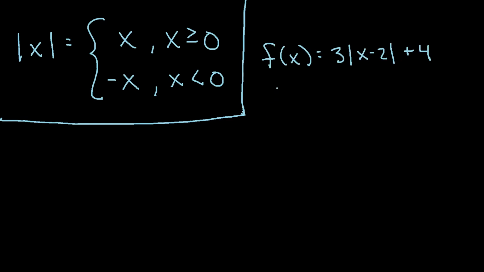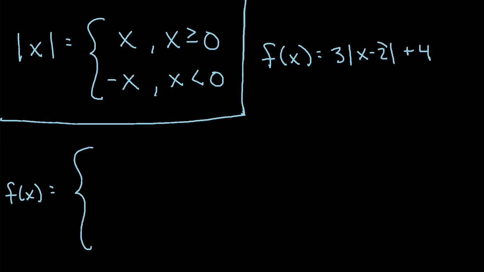All right, let's try one more example. Let's say we have the function f of x is equal to 3 times the absolute value of x minus 2, plus 4. How could we rewrite this absolute value equation as a piecewise function? Well, here's what it would look like. We could say f of x is equal to, the first condition will be, remember, whatever is inside the absolute value signs, we're going to say that's greater than or equal to 0.